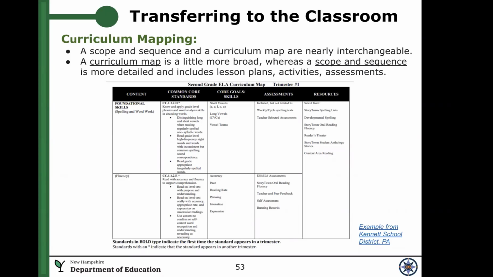So both of these types of curriculum mapping and scope and sequence are really important to make sure that we are continuing to focus on those skills and that we know where we're going and how we're going to get there.